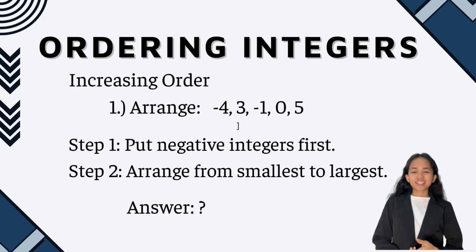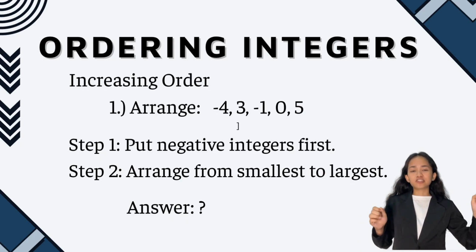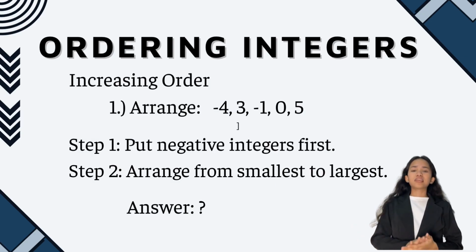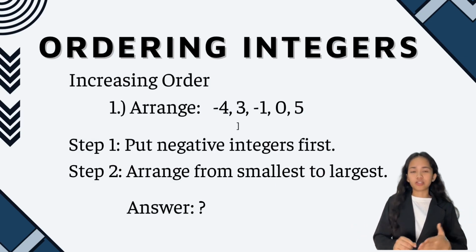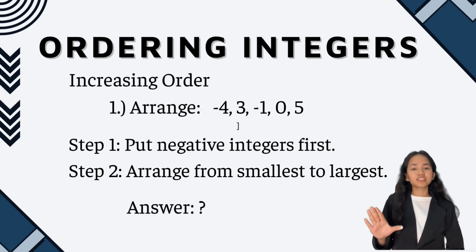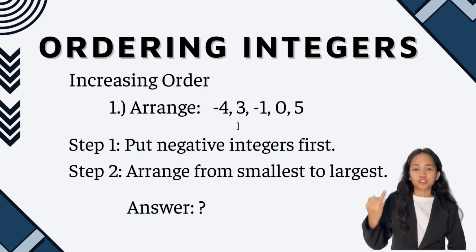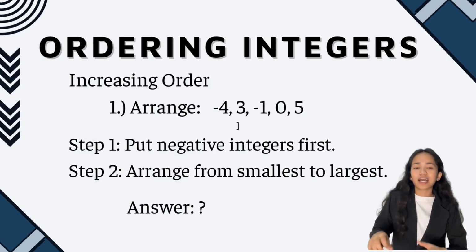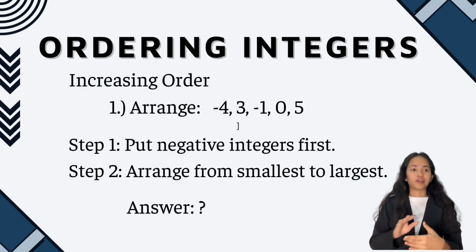So again, class, when we say ascending order or increasing order, we order the integers from smallest to largest, or from least to greatest. Take the integers on the screen for example. Arrange -4, 3, -1, 0, and 5 in ascending order.